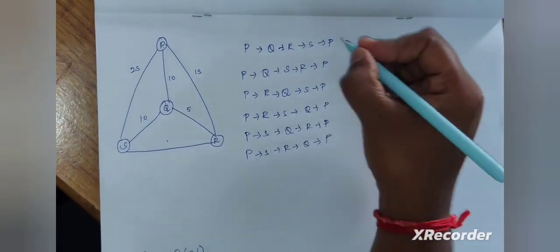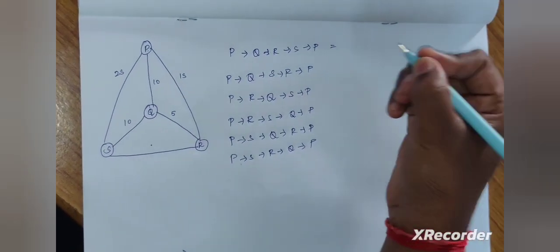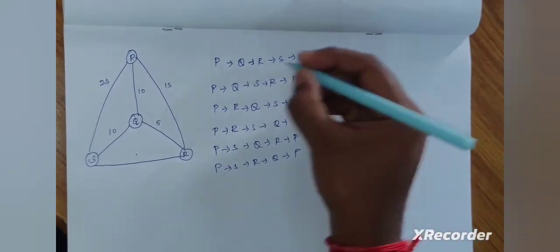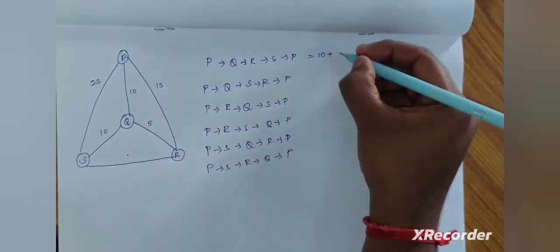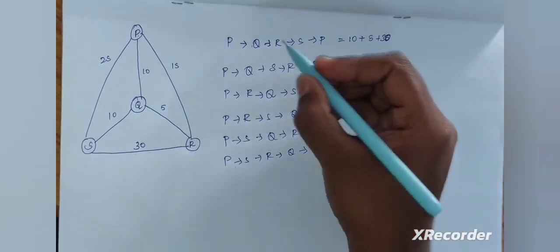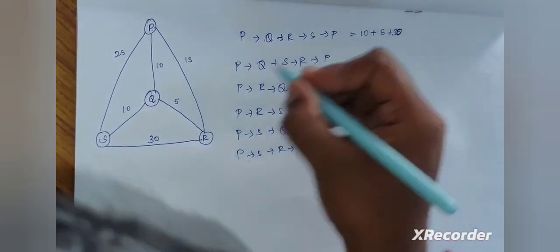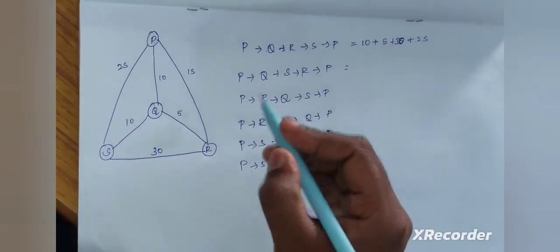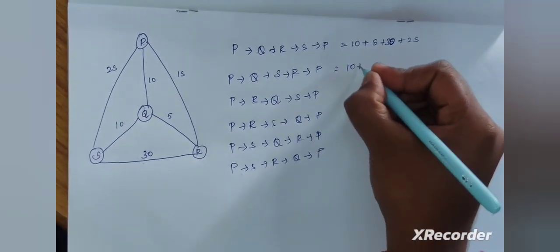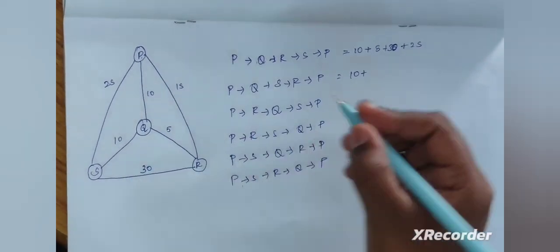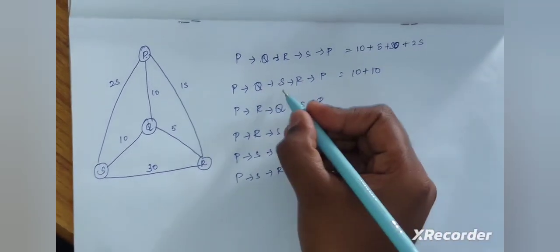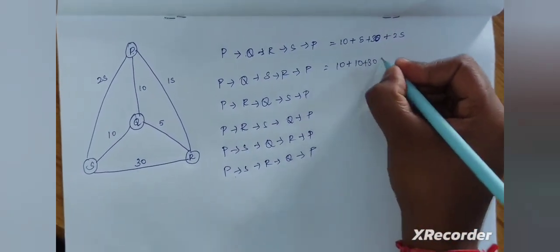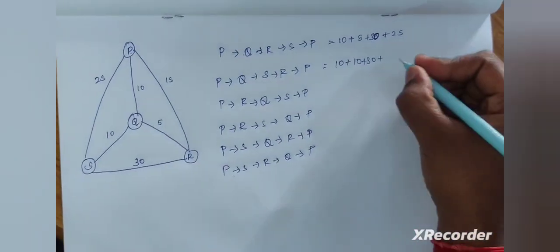Let's compute the weights of the paths. P to Q is 10 plus Q to R is 5, R to S is 30, and S to P is 25. Then again P to Q is 10 and Q to S is 10, then S to R is 30 plus R to P is 15.